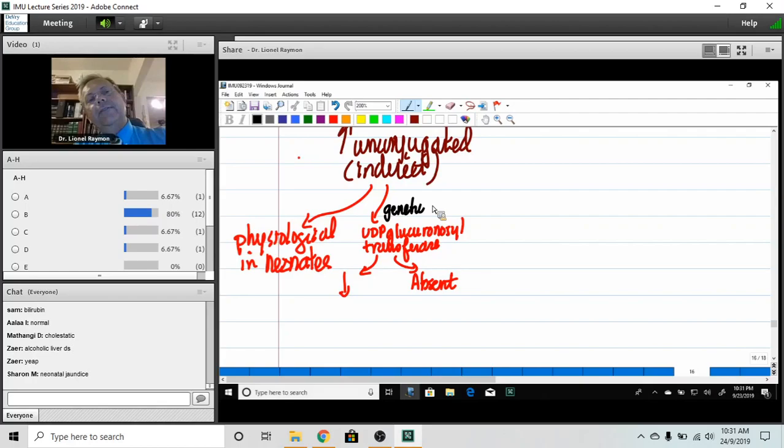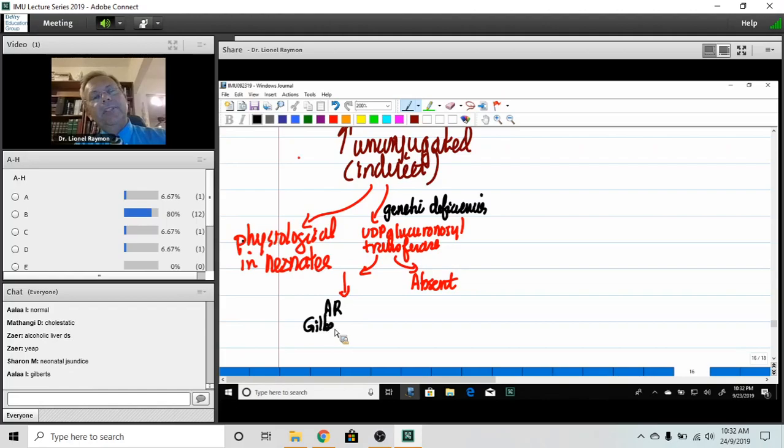UDP glucuronidase is decreased in an autosomal recessive disorder that we call what? Gilbert syndrome. There you go, Ala.